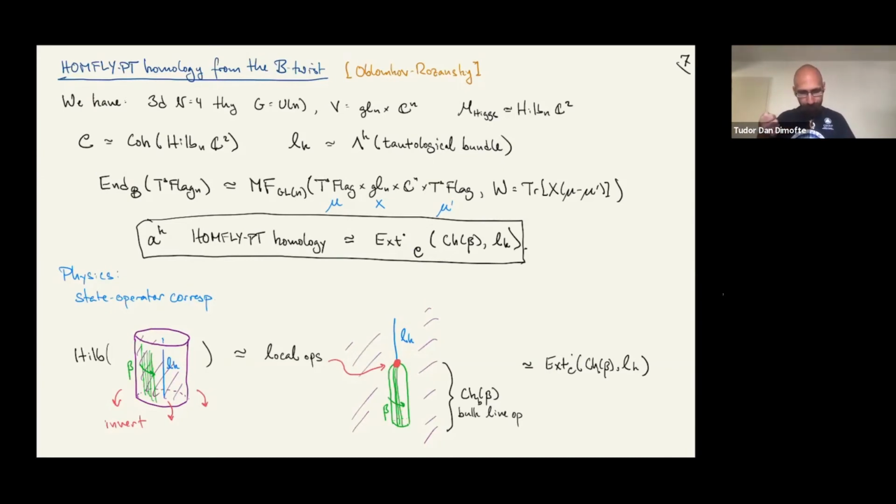And computing local operators at a junction of two lines is what derived Hom or Ext in the category of coherent sheaves does for us. So this is at least one way to get the answer, and is one way that was just made very explicit in the mathematical work.